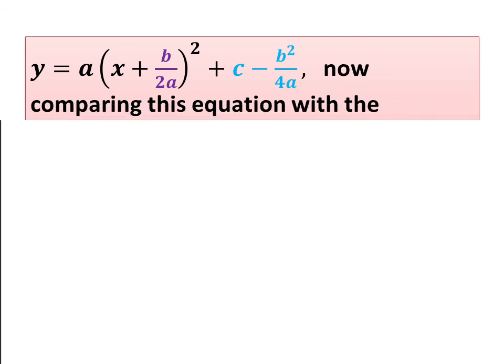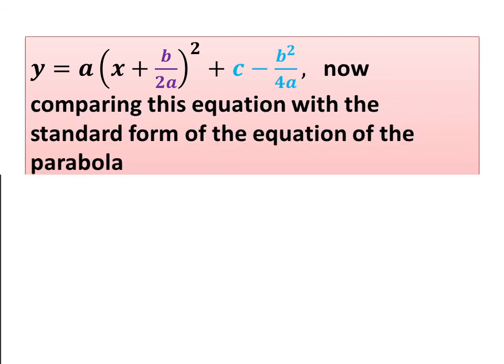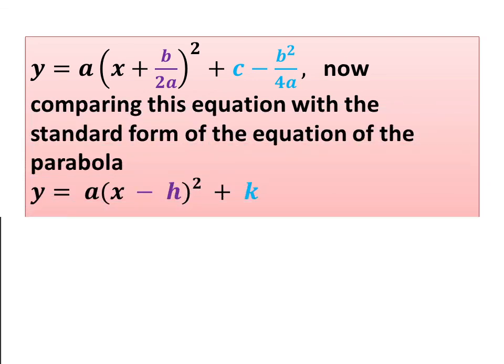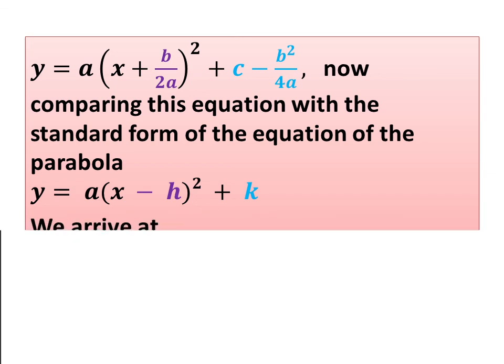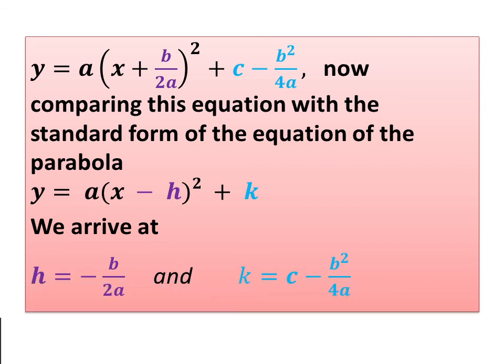If we compare this with the standard equation of the parabola, y equals a into x minus h all squared plus k, we arrive at h equals minus b over 2a, and this is written in purple because we compare purple to purple as we see in the above two equations, and k equals c minus b squared over 4a, and this is written in blue as we compare blue to blue in the last two equations.